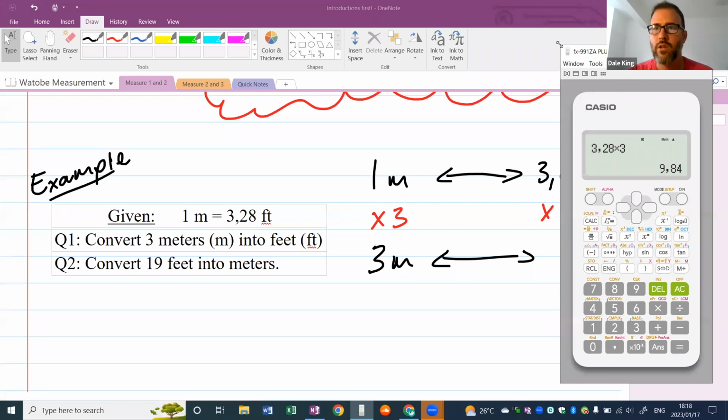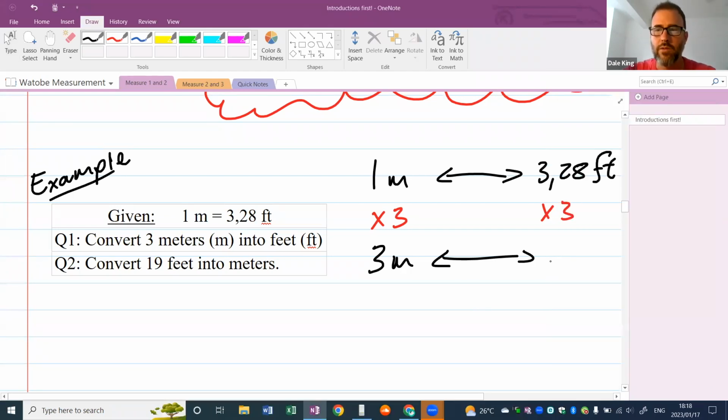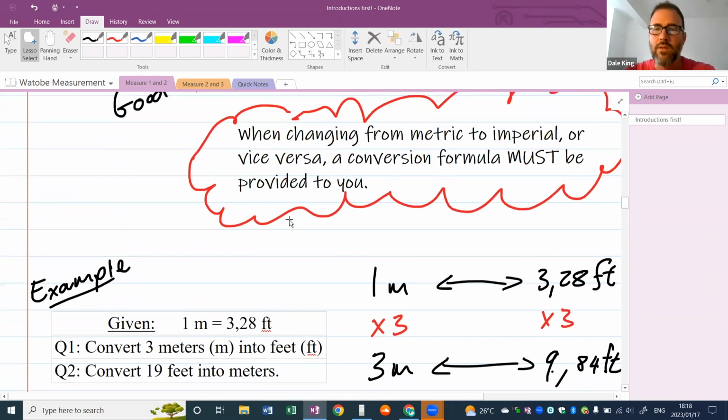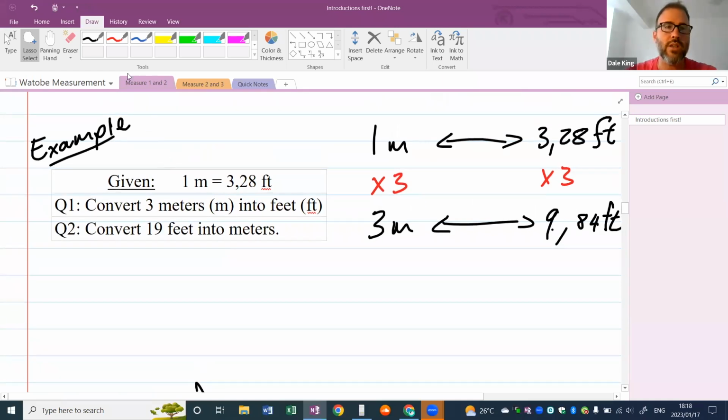Okay, so if we multiply 3,28, we're going to get 9,84 feet. Okay, so you see that we had to change the meters by 3 to become 3 meters. So we changed the feet by 3, and that gives us 9,84 feet. All right, so that's one way to look at it: if you're changing one side of the relationship, you've got to change the other side as well.